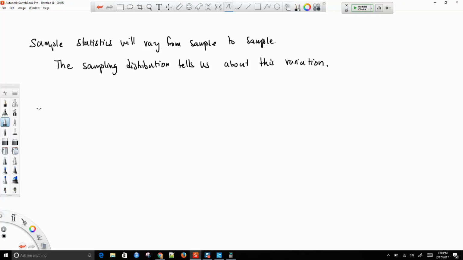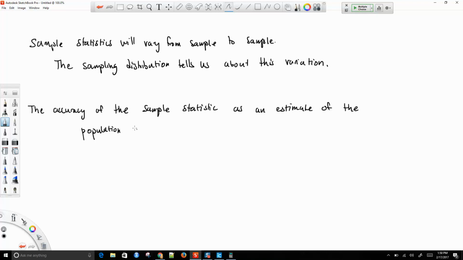Okay. And then the other part is that the accuracy of the sample statistic as an estimate of the population parameter depends only on the sample size.